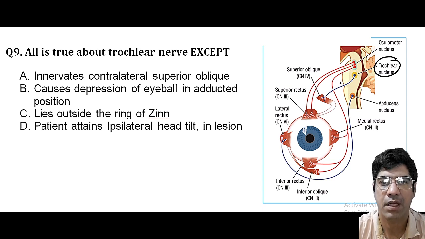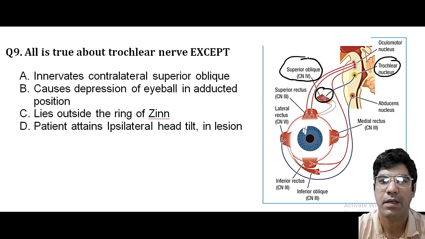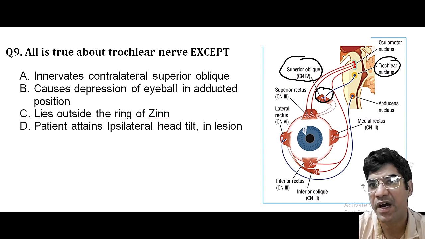Trochlear nerve, it innervates the contralateral superior oblique muscle of the eye. This innervation is responsible for the superior oblique action of depressing the eyeball and causes intorsion. Intorsion means inward rotation.